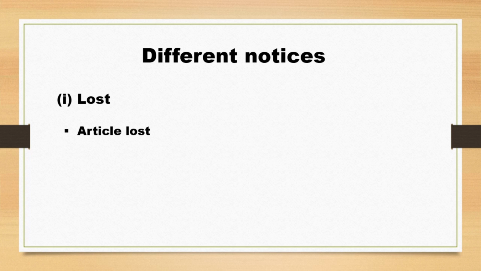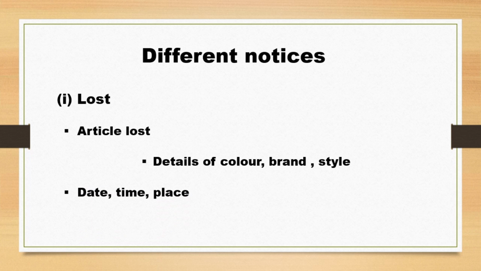You have to give the whole detail of color, brand and style too, which will help others to find the article. You also need to mention the date, time and place, that means when and where it was lost.